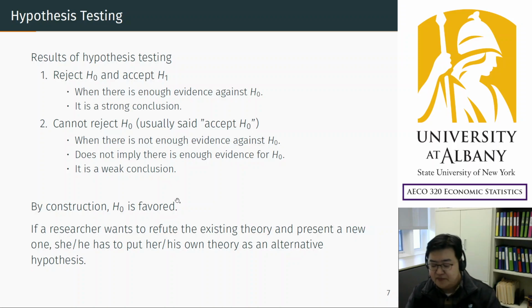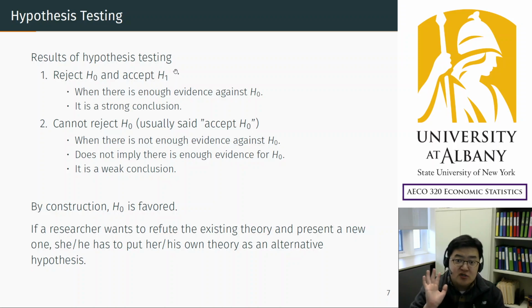On the other hand, when you use the hypothesis testing method in your analysis, in your report, for example, then of course you want to make your argument strong. That means you have to put your argument as H1. If you put your argument as the alternative hypothesis, that means your argument is not favored.